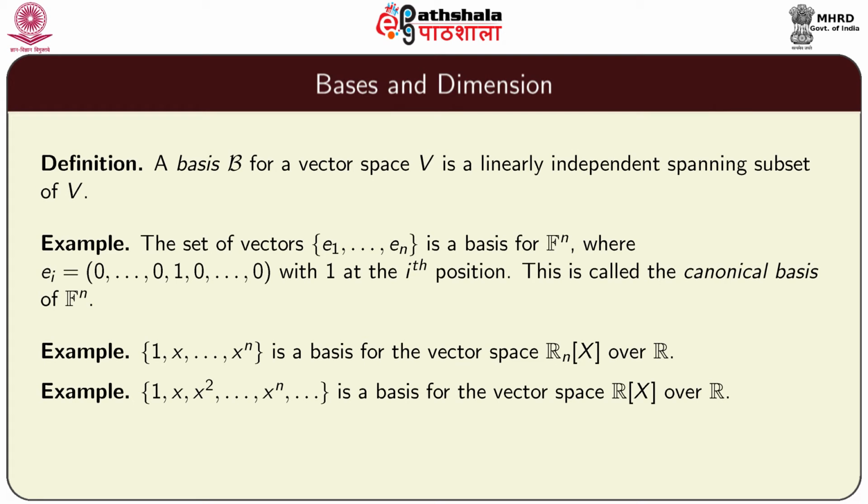Why is that so? If we take the linear combination of 1, x and so on up to x to the power n, that would look like a0 into 1 plus a1 into x and so on up to an into x to the power n, where a0, a1, etc. up to an are in the real field R. And if this linear combination is equal to the 0 vector, that means the 0 polynomial, then it is a defining property of the polynomial that a polynomial is the 0 polynomial if and only if all the coefficients are 0.